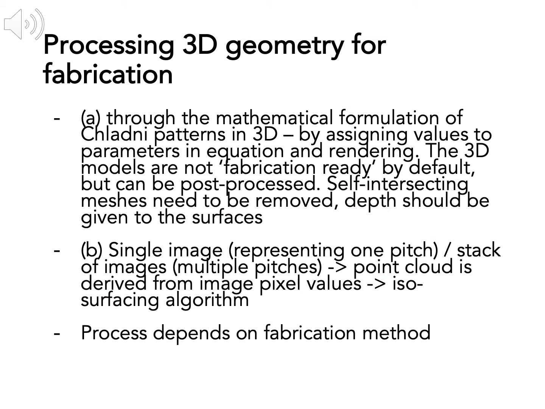So what are the options for somebody who wanted to create Chladni pattern sound-informed 3D geometries? On the one hand, there is the possibility of working with the mathematical equations directly and then feeding parameter values to this equation and rendering 3D objects. In this case, the 3D models need to be prepared for fabrication further by giving thickness to the mesh and minding the face normals.